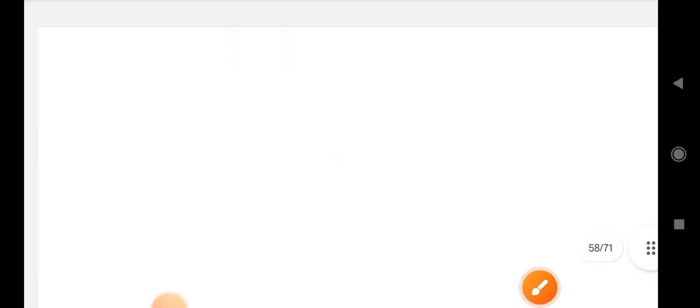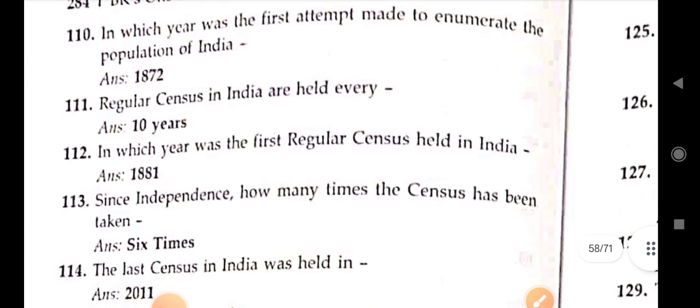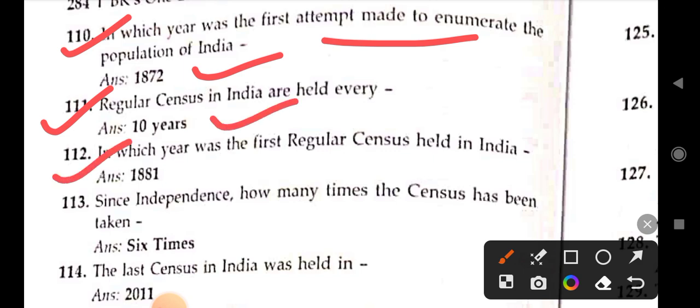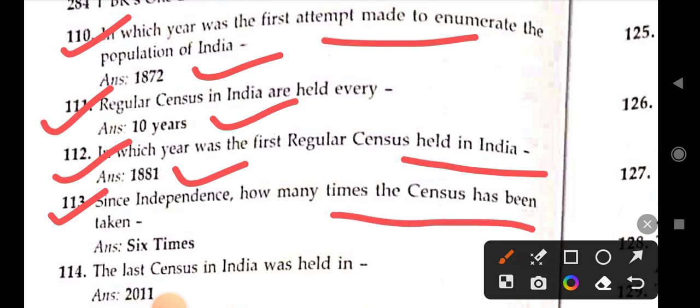Next, in which year was the first attempt made to enumerate the population of India? 1872. Regular census in India is held every 10 years. In which year was the first regular census held in India? 1881. Since independence, how many censuses have been taken? Sixth. The last census in India was held in 2011.